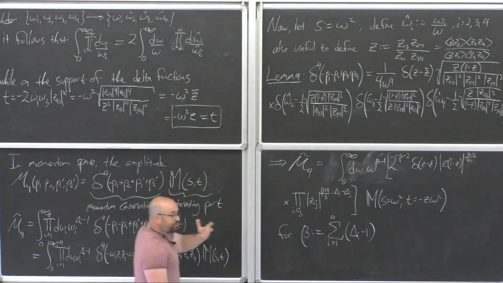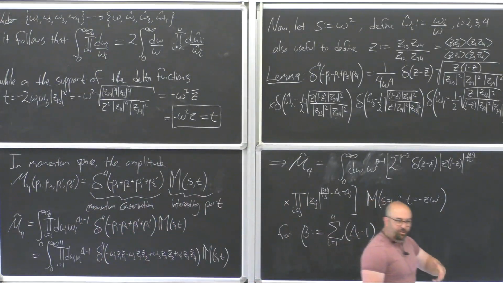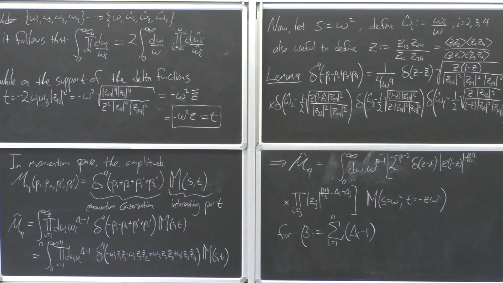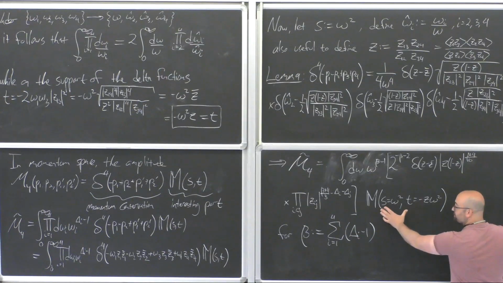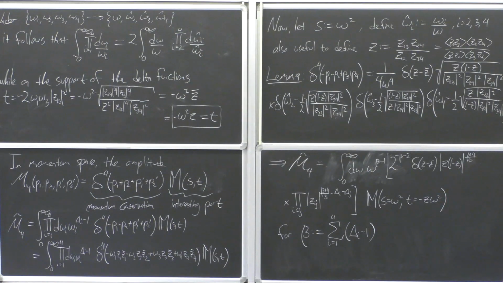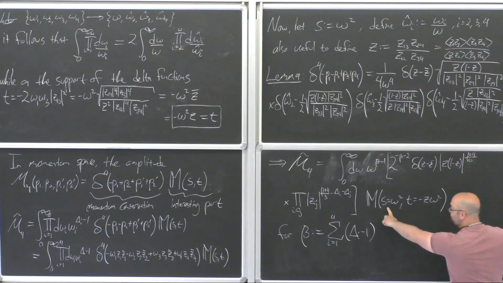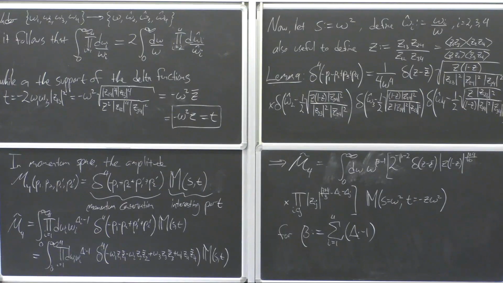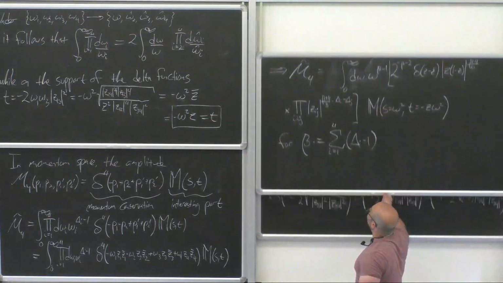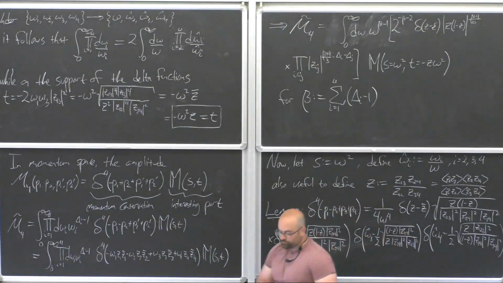And all the theory-dependent information, all the interesting bit of the scattering amplitude, is just left in integrating the interesting bit of the momentum space scattering amplitude, where you set the Mandelstam S equal to omega squared, and the Mandelstam T equal to minus Z omega squared. Okay? So if someone hands you a momentum space amplitude, you know exactly what Mellin integral you have to do to compute the celestial amplitude.